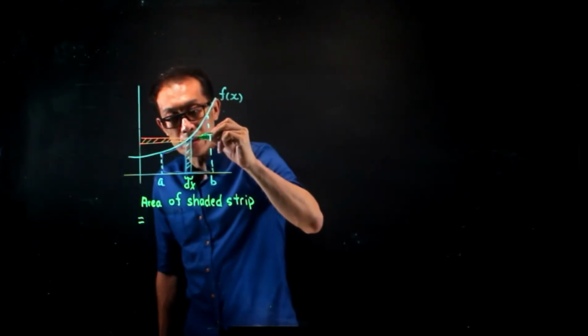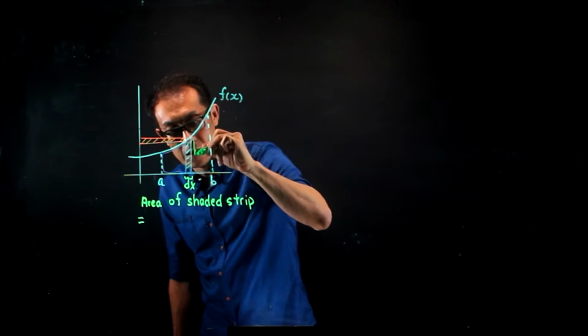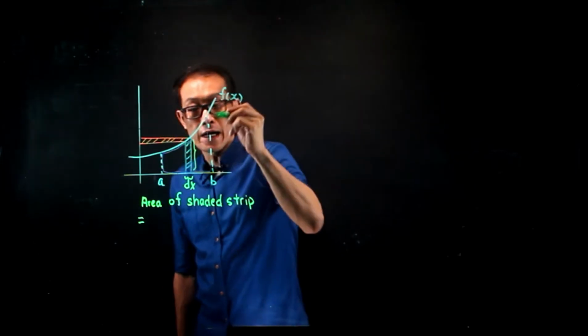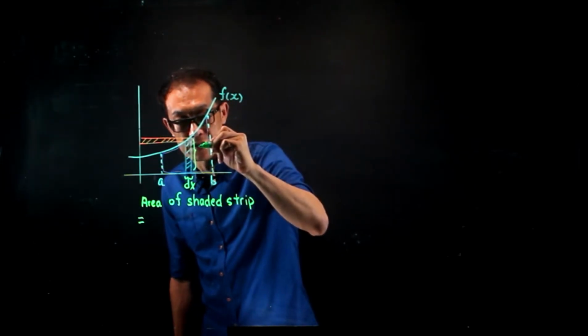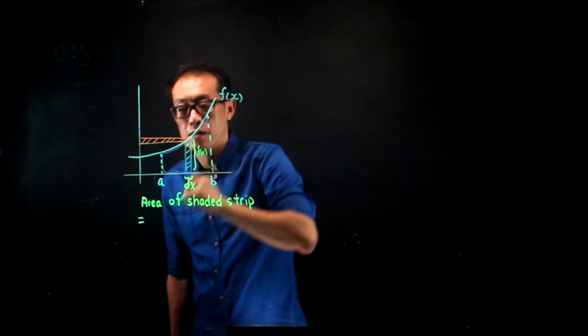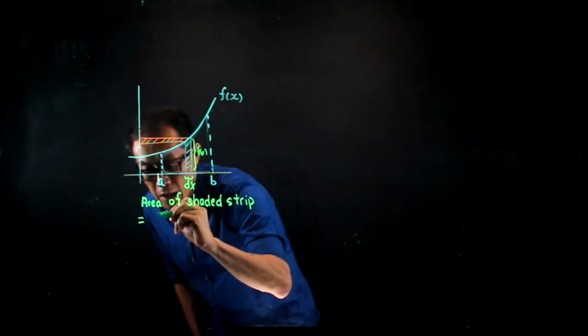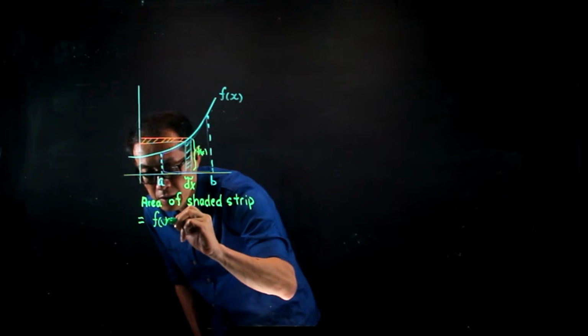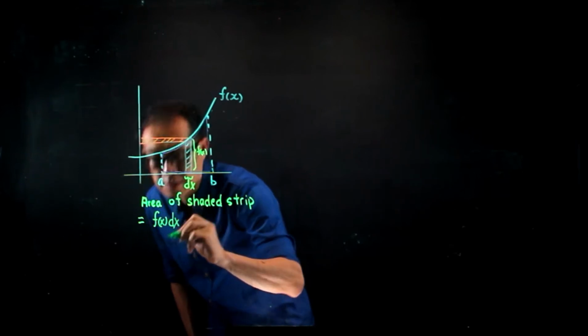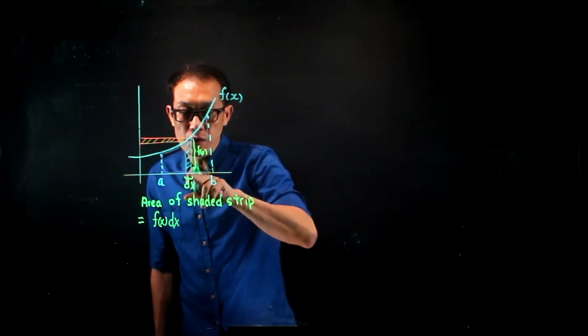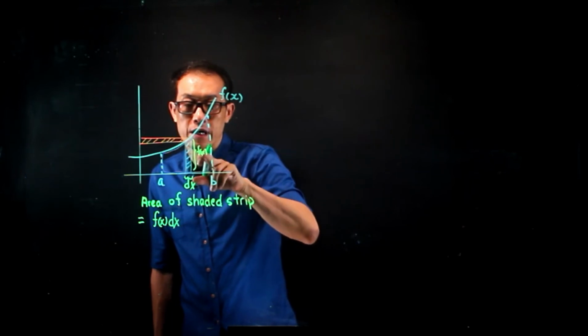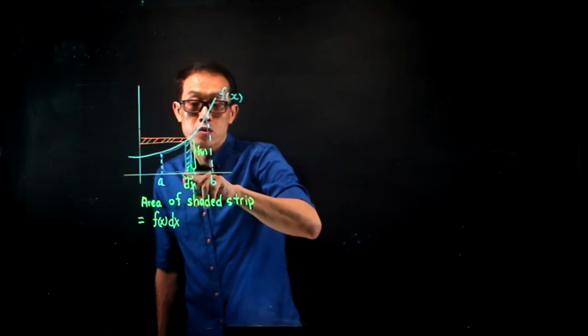Then what is this height here? This height here is given by f of x. So it will be f of x dx. Whatever this value of x here, let's say this is 3, it will be f of 3.